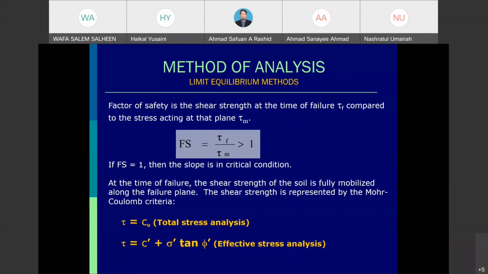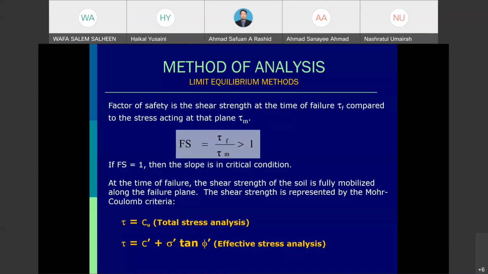In slope stability analysis, we may use two types of analysis, based on the total stress approach or based on effective stress analysis.